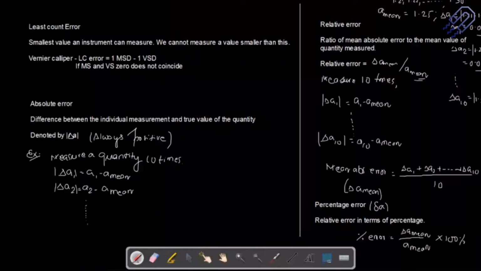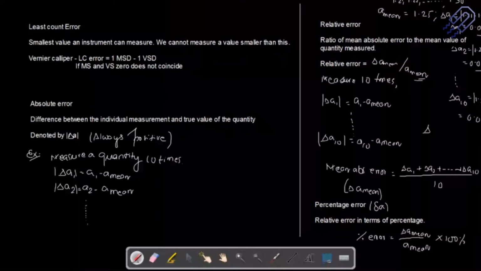You see, this is never going to be 0 because everything is getting added here, so don't worry about this point. It is 0.05, let's say. So I'm going to add 0.04, 0.03, 0.02, and then up to 0.05. I'm going to add all of these, and then I'm going to get delta A mean.